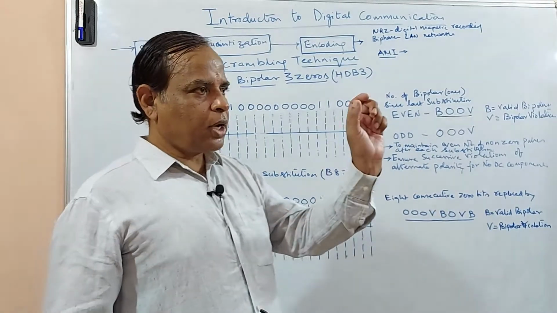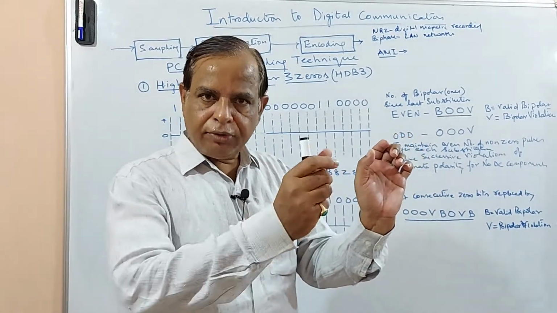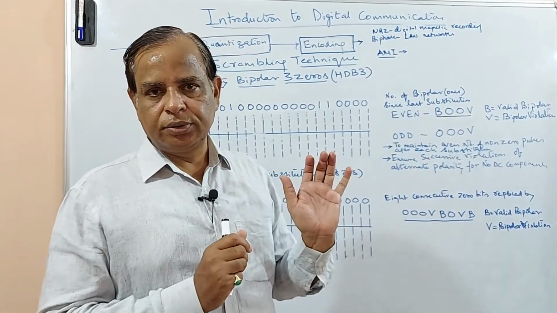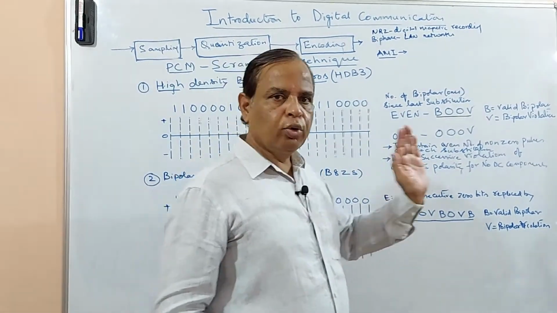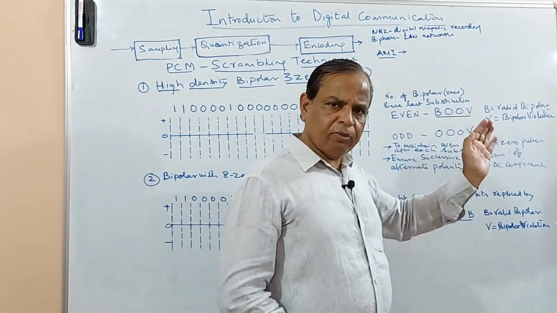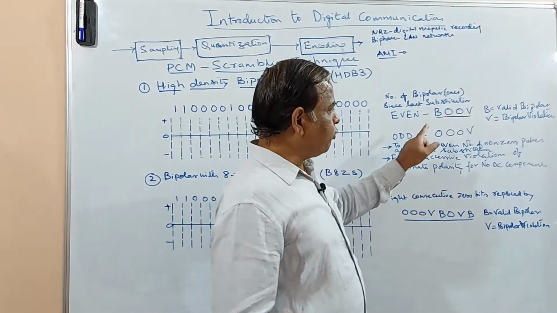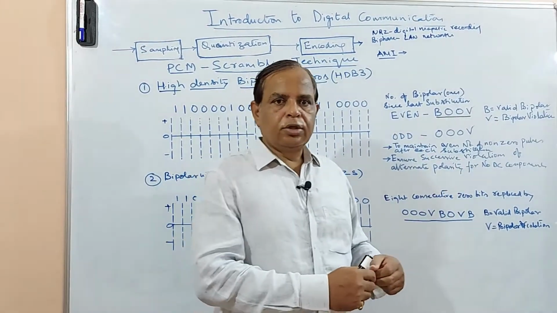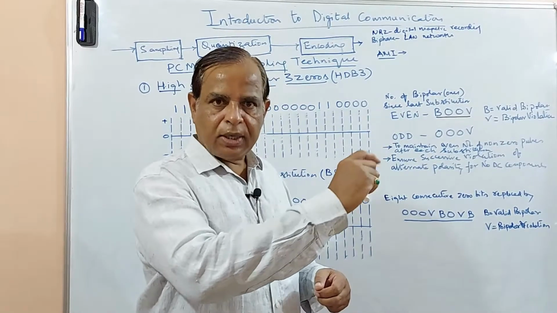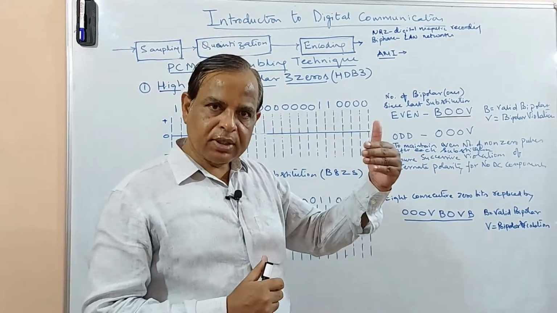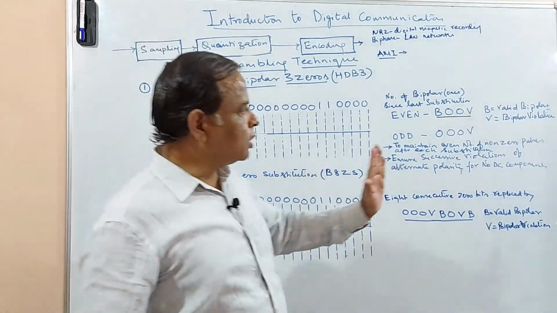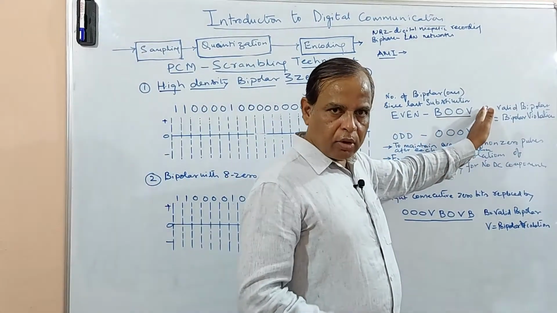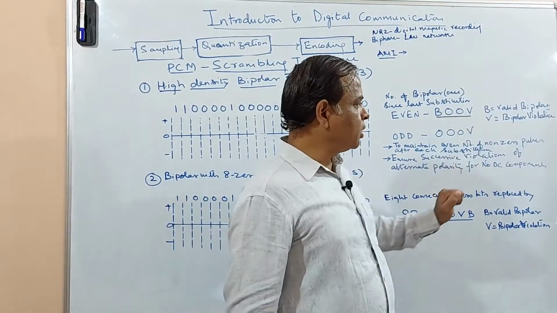Suppose the last polarity is positive, next if you want to put a pulse, it should be negative. That is the valid bipolar technique. Suppose the earlier pulse is negative, so whatever pulse you are replacing, that should be positive. If the earlier pulse is positive, the next pulse should be negative. So that is following the rule of the AMI.